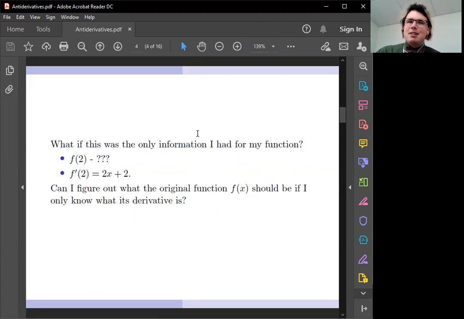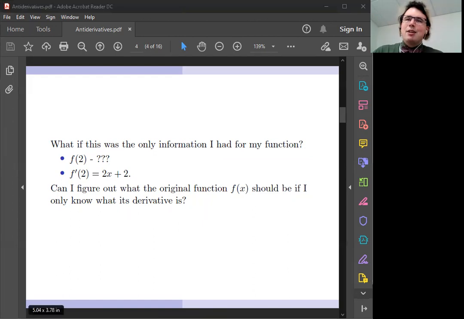What if I didn't know the formula for my original function, but all I knew is the derivative of my function? I know the derivative is 2x plus 2. What could my original function possibly be? So if someone tells me what the derivative of a function is, can I work backwards and figure out what that function must have been to start with?